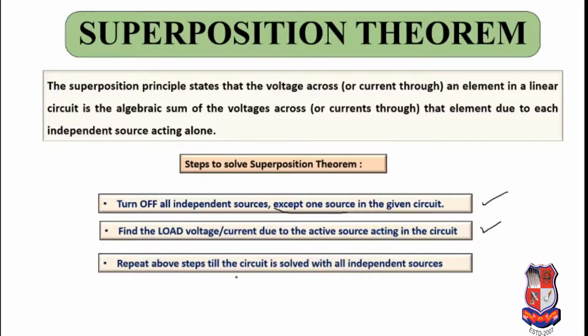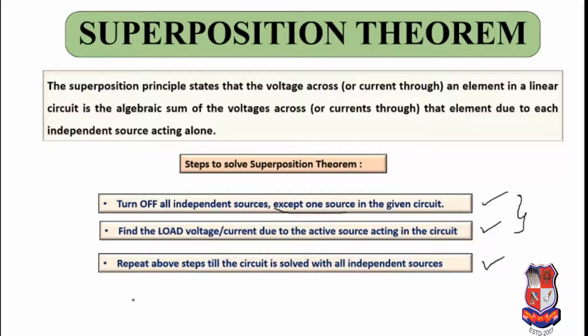The next step is to repeat the above steps till the circuit is solved with all independent sources. Okay, so once you have solved with one independent source, now turn off all the independent sources and take another source. Suppose there were two voltage sources. If you have finished these two steps with the first voltage source, then go for the second voltage source and short circuit the first voltage source and repeat this step.